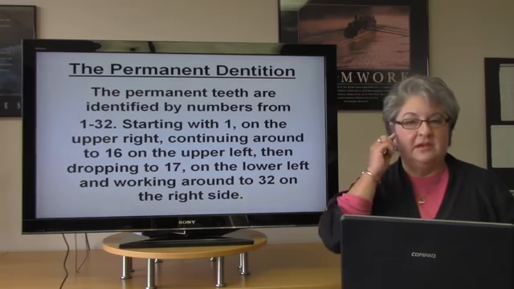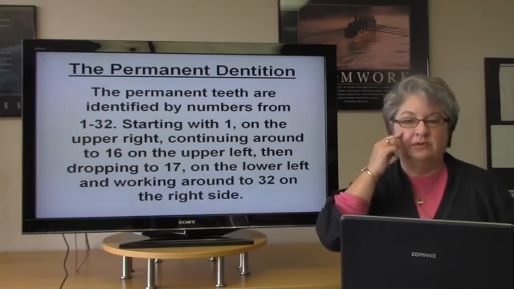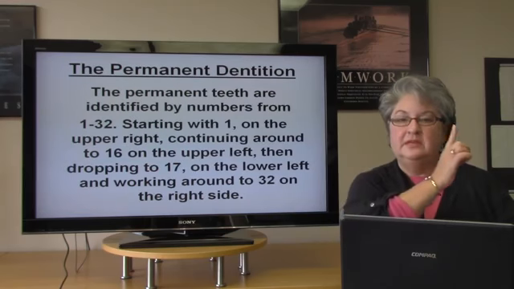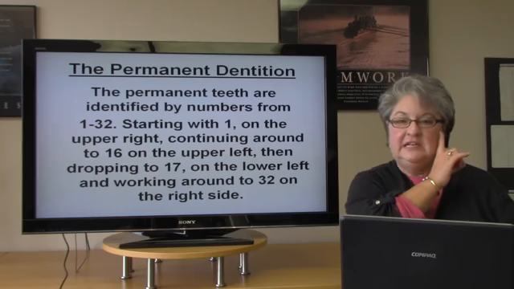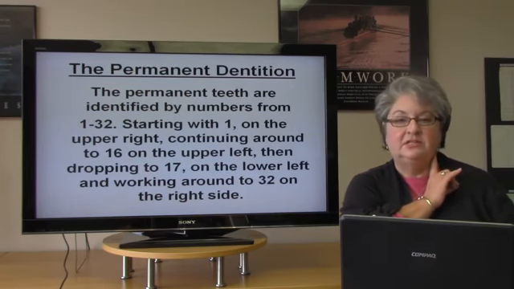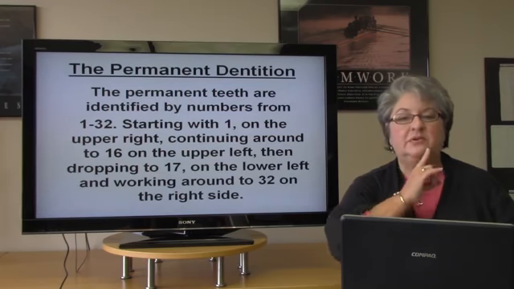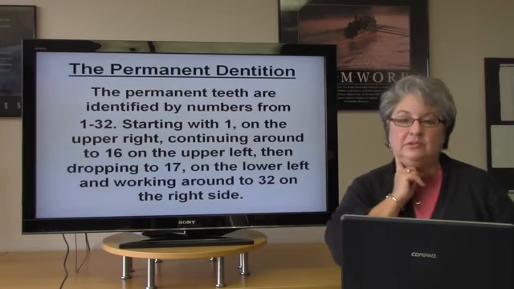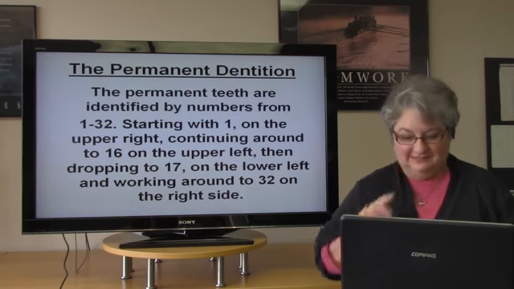We start on the upper right and count 1, 2, 3, all the way to the upper left, and the back tooth is tooth number 16. Then we drop down to the lower left, and the back tooth is number 17. The next tooth is 18, and we wrap around all the way to tooth number 32 on the lower right.